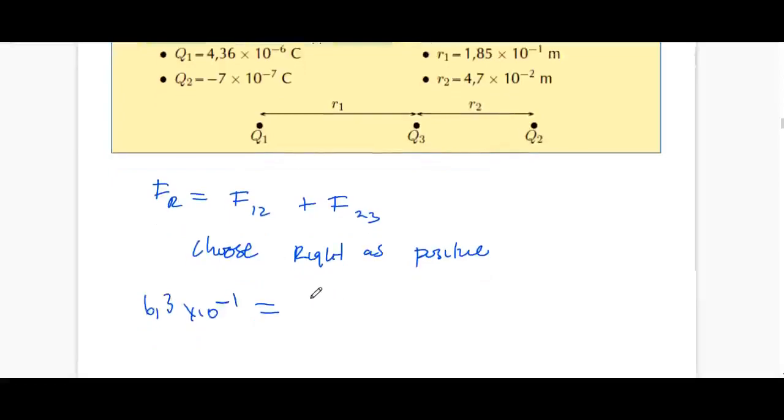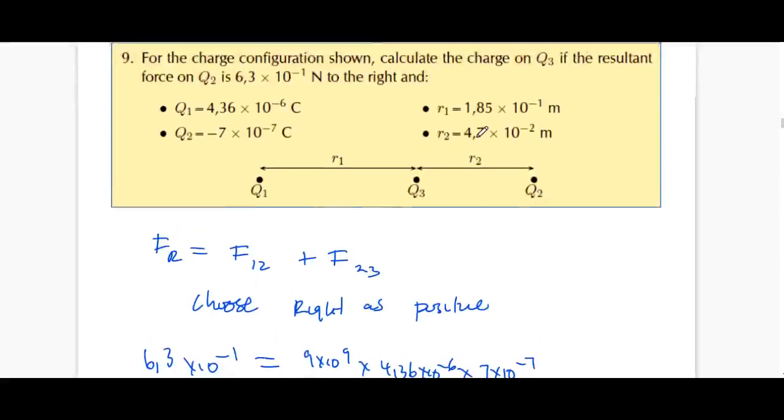F12 can be given by 9 times 10 to the power 9 times Q1, which is 4.36 microcoulomb, multiplied by 7 times 10 to the power minus 7 coulombs, divided by the distance between Q1 and Q2, which is given by R1 plus R2.